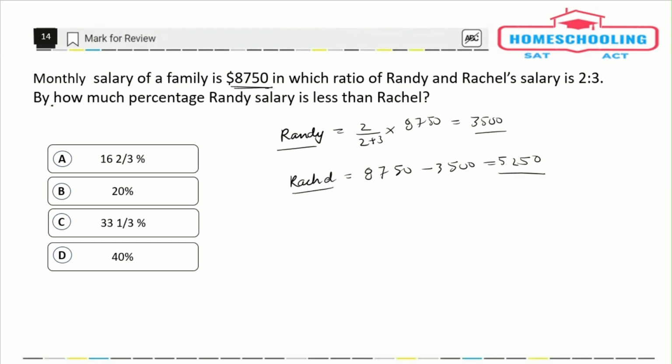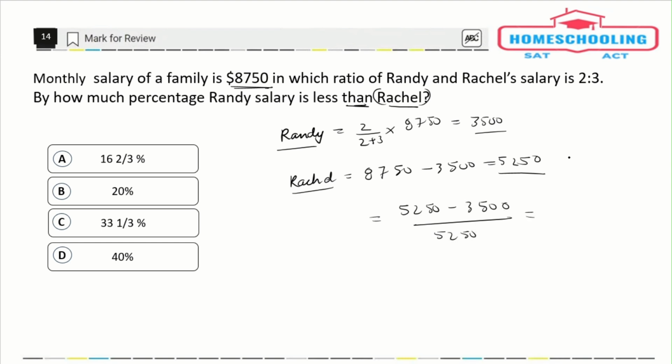In the question, by what percentage is Randy's salary less than Rachel's? Less than Rachel, so Rachel would be your base. So we have to find the difference of these two. Randy's 3,500 is less than Rachel's, and Rachel's salary is 5250.